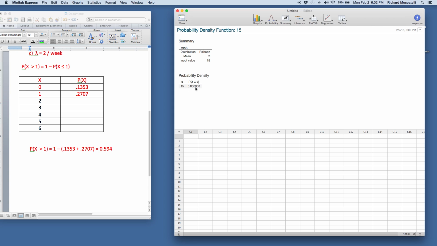Minitab just says it's 0. Is it really 0? No, it's probably 0.0000001, some ridiculous number like that. So the reality is, once you get far away from the average value, remember the average value was 2 accidents in a week, the probabilities get very, very small. And remember, the sum of all these probabilities in the table is the number 1.